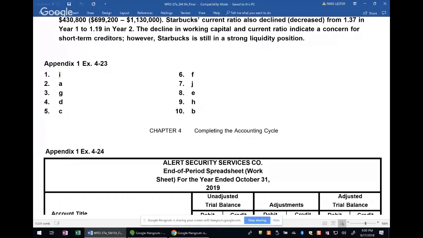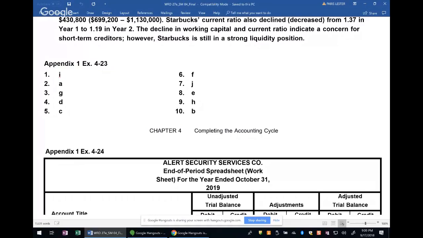Then we've got depreciation expense. Seth, how about that one? Debit depreciation expense and credit accumulated depreciation. All right, now wages accrued but not paid, $1.